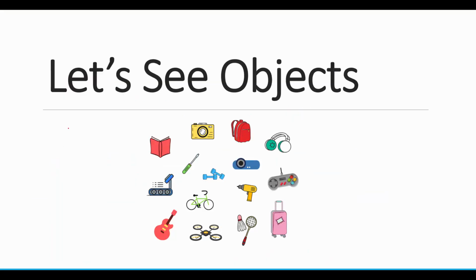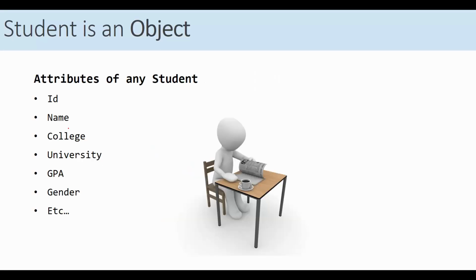So let's see the difference between working with objects and working with primitive data types. If I tell you a student is coming to visit, what comes to your mind?